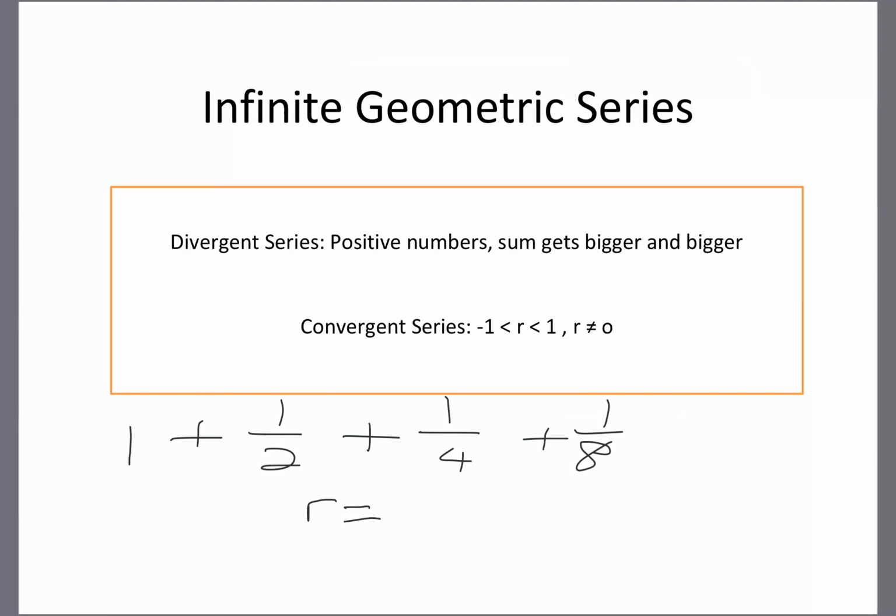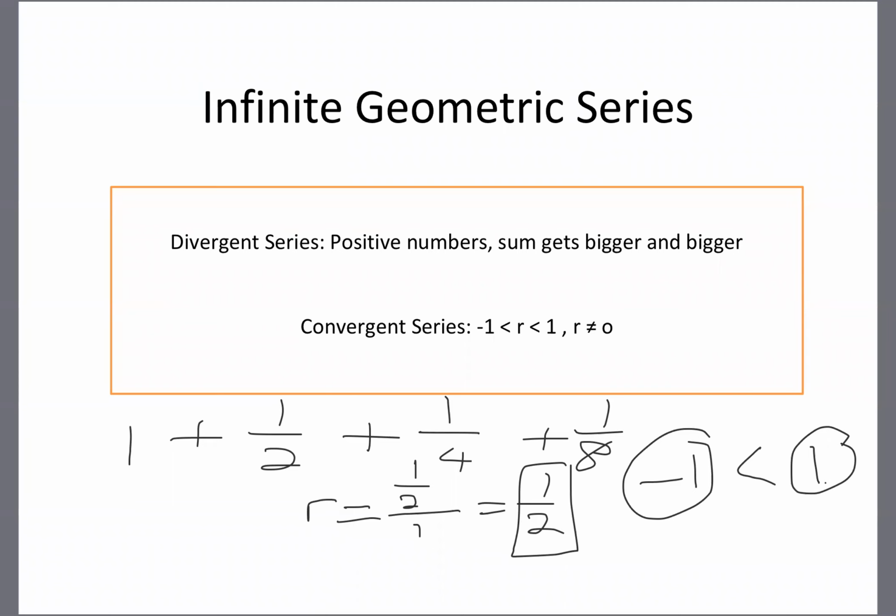Your first R is going to be a half divided by 1, right? Which is equal to a half. Yeah. Right? And the rule says that if my R is between -1 and 1, so if my R is less than 1, but more than -1, then I have a convergent series. Are you with me?